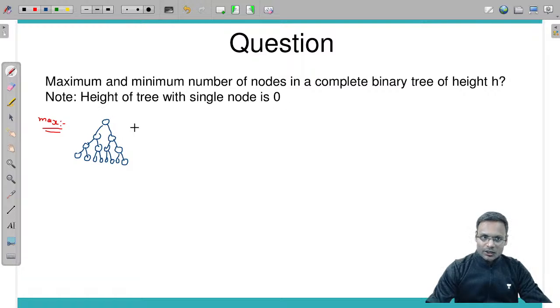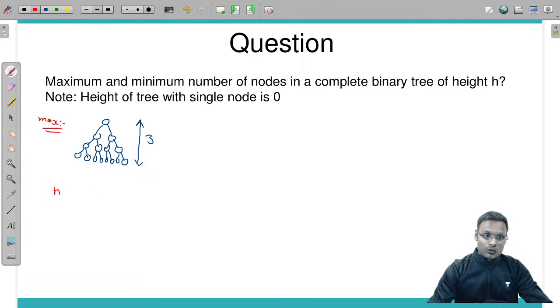The height of a tree with a single node is 0. So what is the height of this particular tree? Can you tell me? 1, 2, 3. 3, right? 0, 1, 2, 3. The height is 3. Maximum number of nodes with height 3: find the total number of nodes.